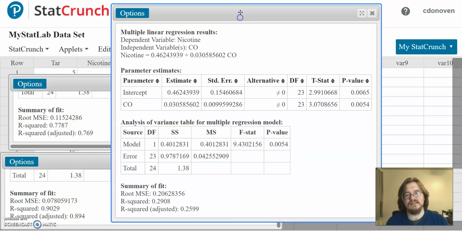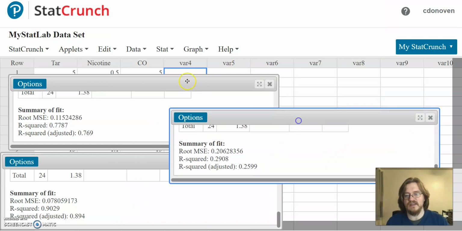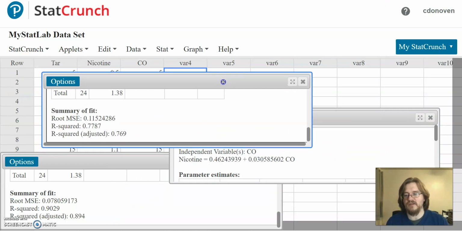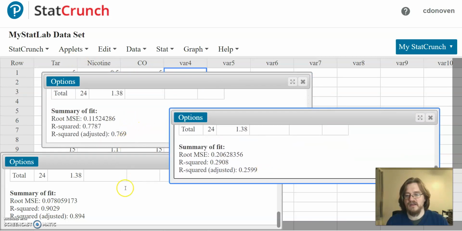So in this case, when we are looking at the difference between using one variable or using both variables, we can see that the adjusted r squared for using both variables is much, much higher than the other two, and the p-value, even though it's approximately the same as the p-value of one of them, is still very small, and it's much smaller than one of them.